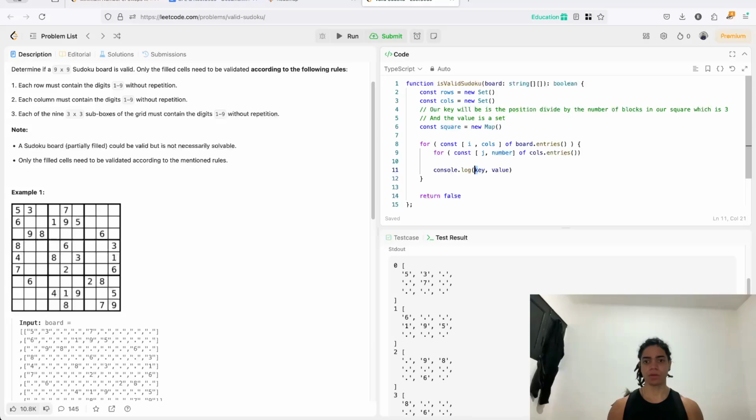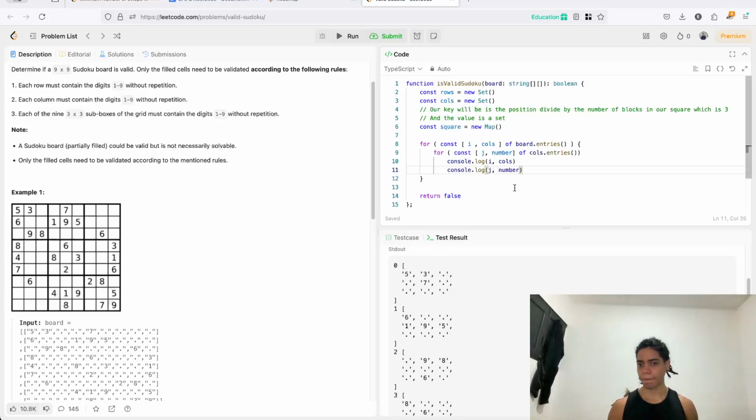So now if we do this, what we're going to do is iterate through that value. So we're going to get the i and the calls, followed by the same here. In this case, I want you to get me the j and the number, if that exists.